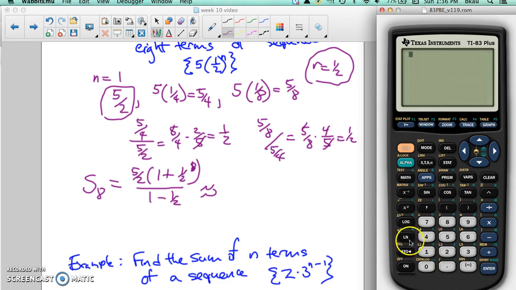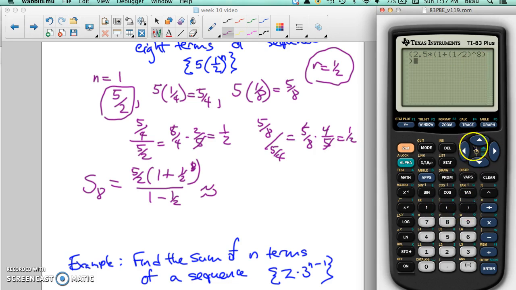So 5/2, I know what that is in a decimal. That's 2.5. So I'm going to write in 2.5 times 1 minus 1/2 raised to the 8th power. Okay, so I have one parentheses there.